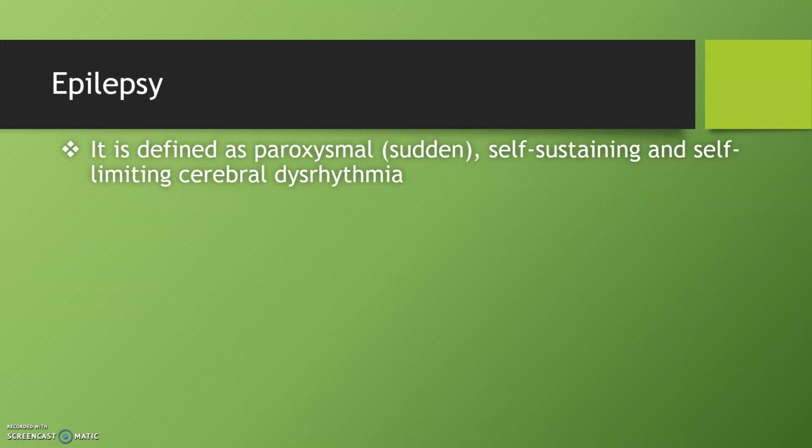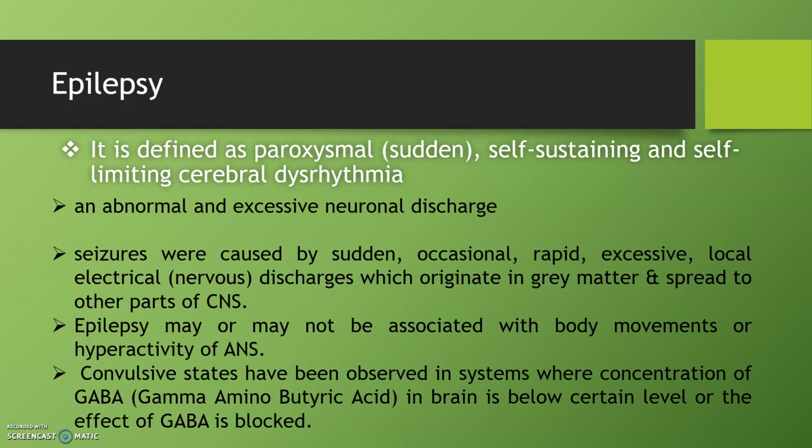Normal activity of the neuron is collapsed. There is a sudden self-sustaining and self-limiting cerebral dysrhythmia, and due to this reason the person suffering from epilepsy can't control the body movements, can't control their peripheral limb movements.